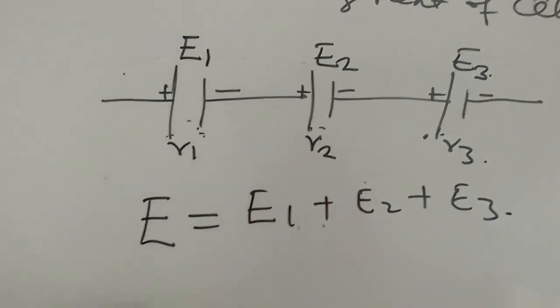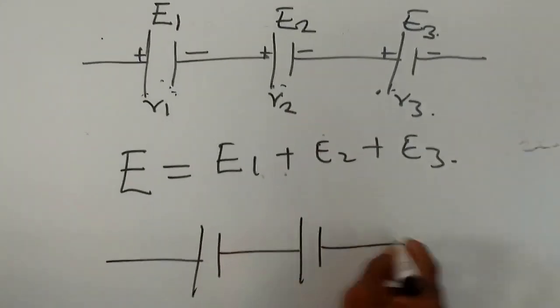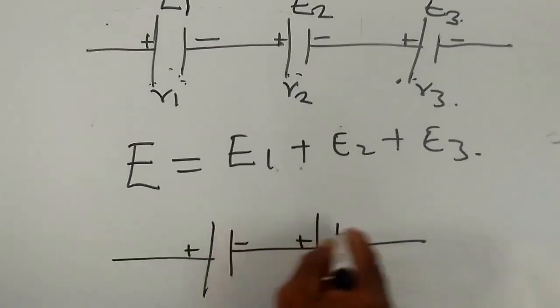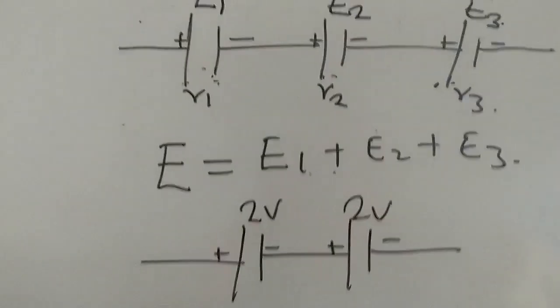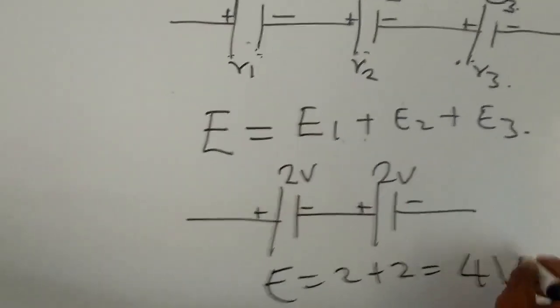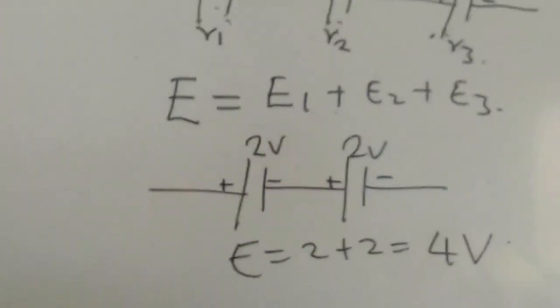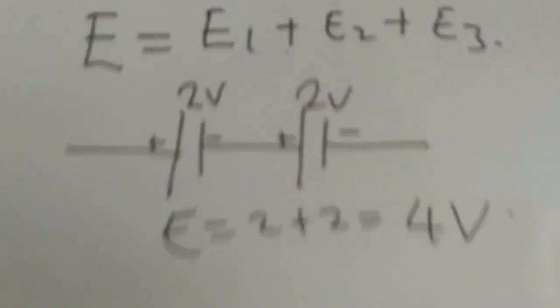For instance, let's say we have this cell connected to another cell, plus minus, and they each have EMF of 2 volts. Total EMF now becomes 2 plus 2, that gives us 4 volts. So we get the net EMF by adding the EMF of the cells in series.